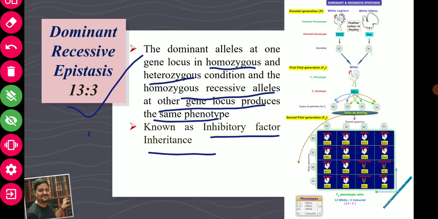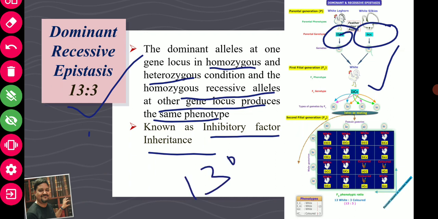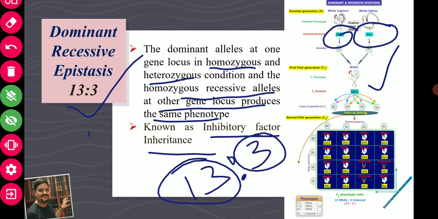White leghorn is controlled by two genes, I and C. Now when they cross together, they are heterozygous, and when they were interseminated, the phenotypic ratio comes in the form of 13:3. So 13 are white and 3 are colored.